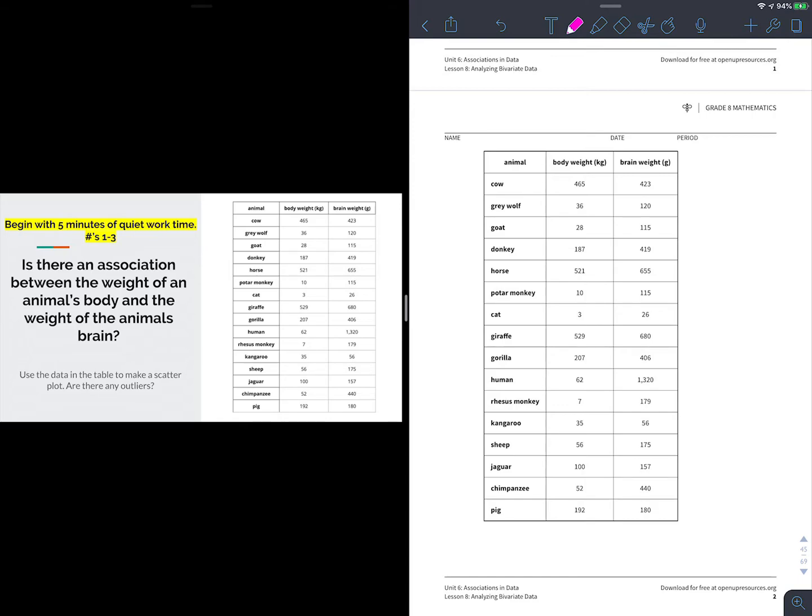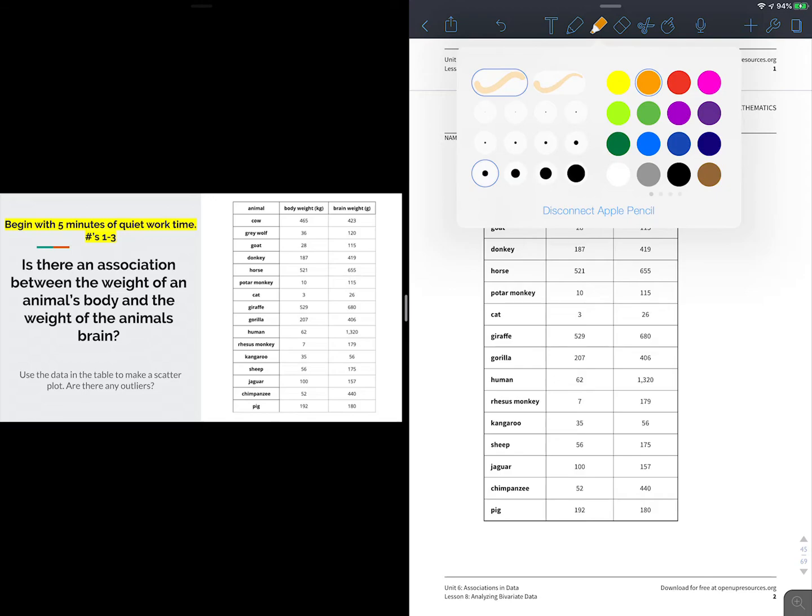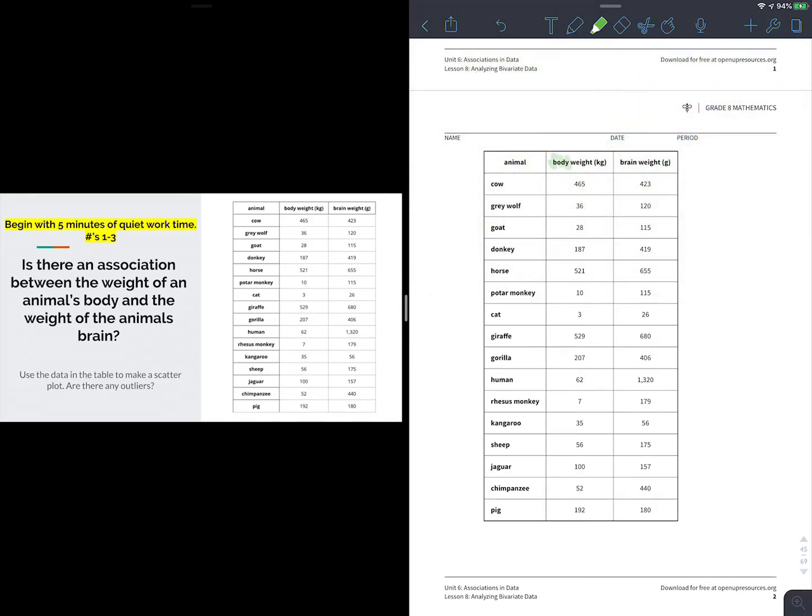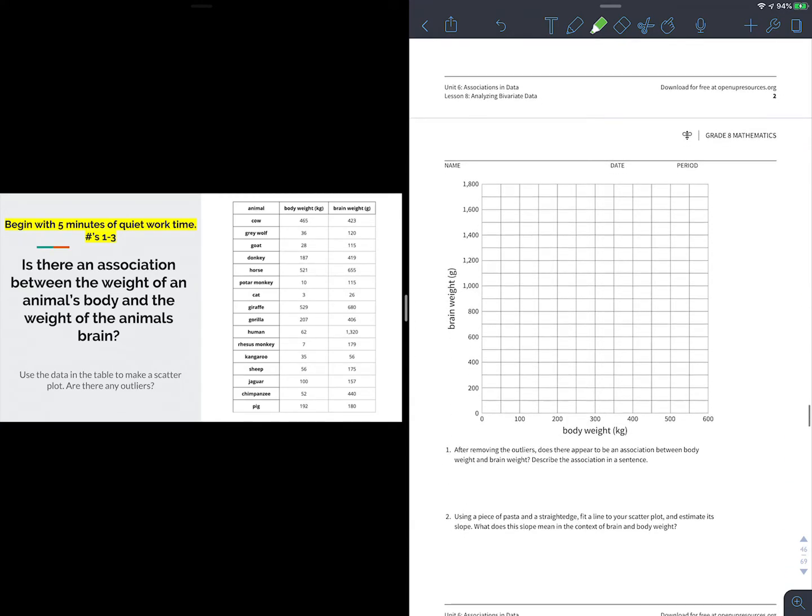It gives you different animals, their body weights, and then it gives you their brain weights. And we're trying to see if there's an association between the weight of the animal's body and the weight of the animal's brain. So you are given a blank scatter plot. You're going to plot the weights in comparison to the body and brain.